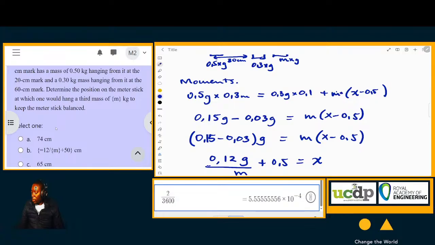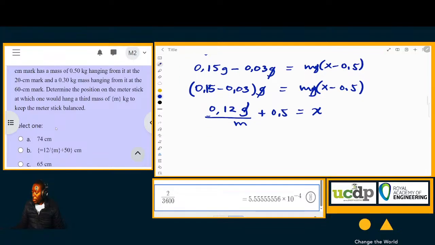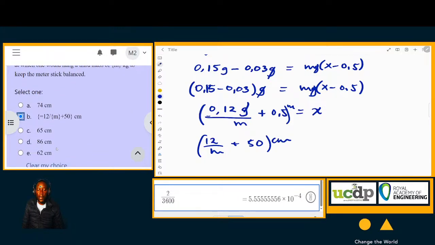Remember, this is mass times gravity again, so the g at the end simply cancels out, and we don't have g in that expression. If this is in meters, then in centimeters, multiplied by 100, it's 12 over m plus 50 centimeters. So b is the correct expression for x, 12 over m plus 50.